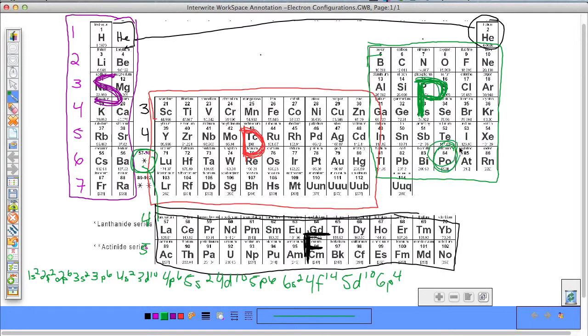There we are, 84. Yay, we got it. So those are all of the electrons in the correct places and the correct sublevels, and we've got them all defined. So hopefully this helps you to do your electron configurations as you are asked to do them for your chemistry class.